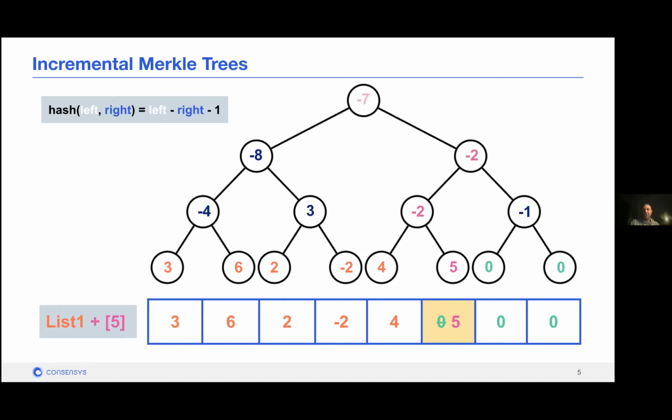You can see in this example that the subtrees on the left-hand side and right-hand side of the path leading to the leaf where I inserted a new value are not modified when we compute the new root hash.